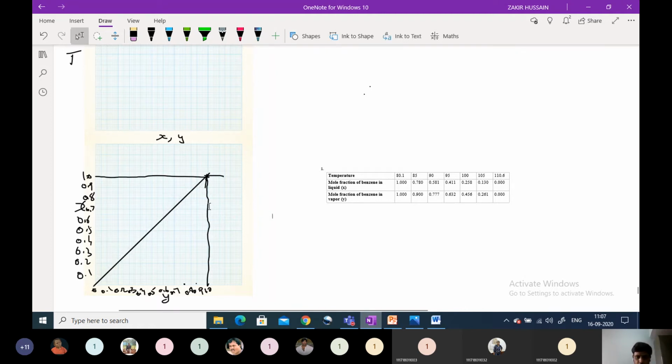Afterwards we have to just put these values.